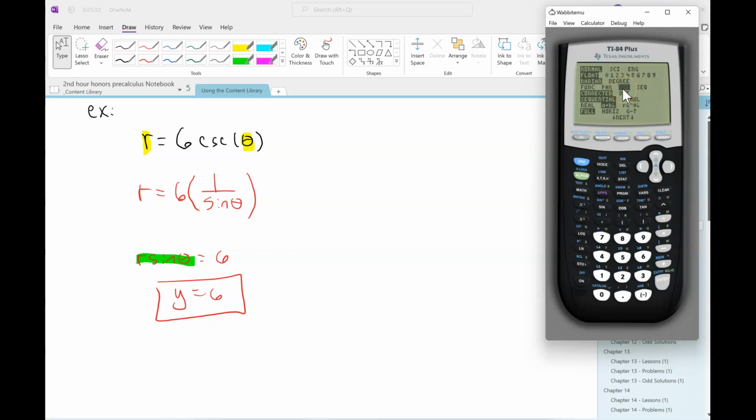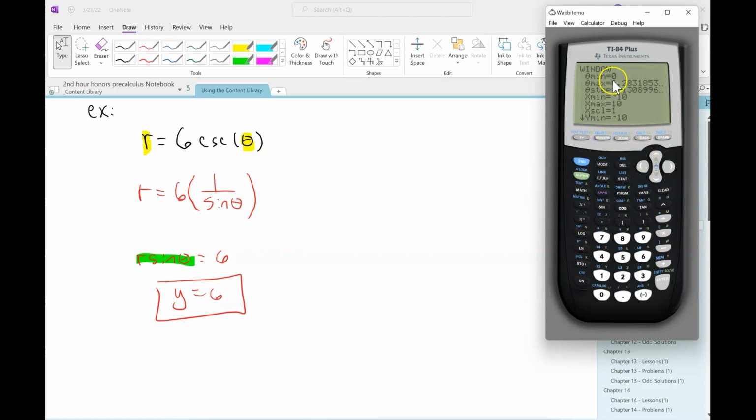You notice there it says POL, that's short for polar. So notice that my y equals menu now starts with r equals, because that's what a polar function starts with. Then we'll do 6 divided by sine theta, because our calculator doesn't have a cosecant button. We'll just write it as 1 over sine.